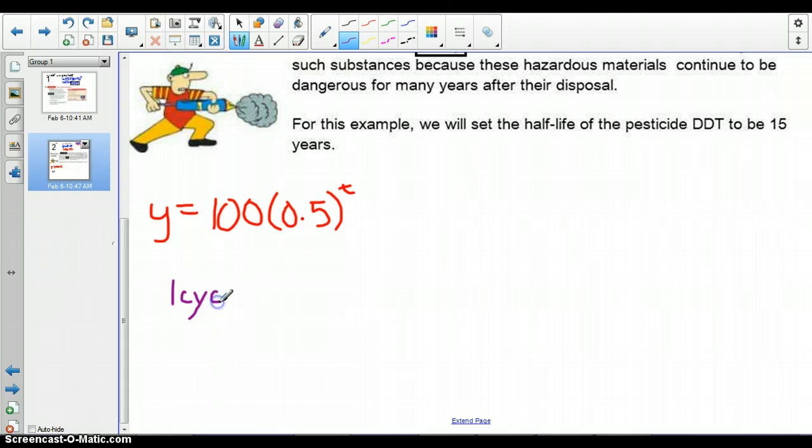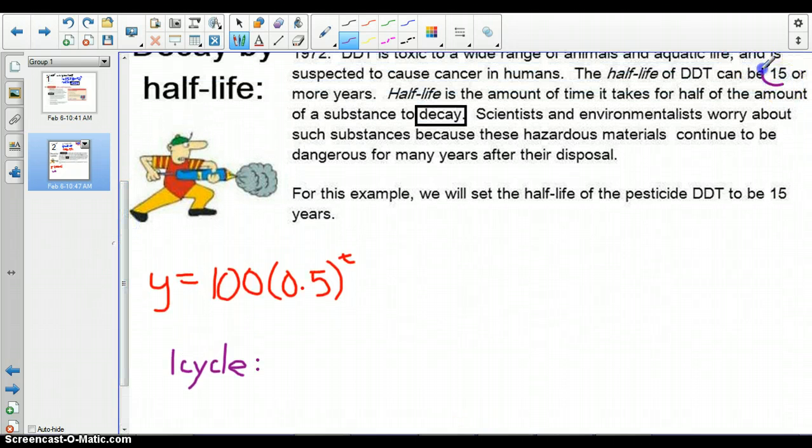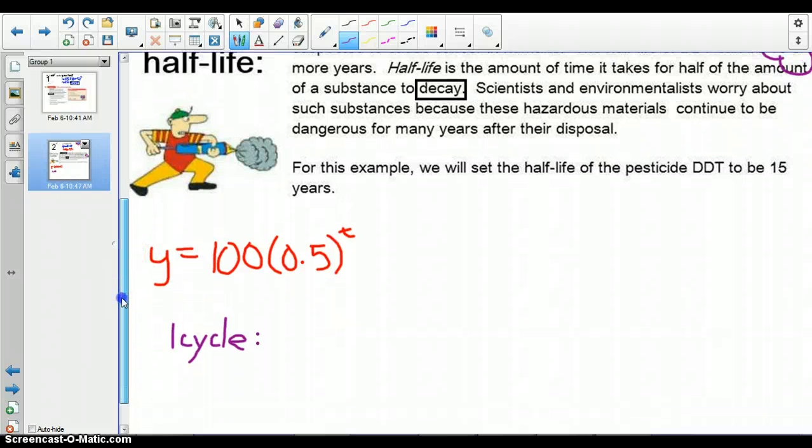I'm not saying after 1 year, I'm saying after one cycle. Every cycle takes 15 years, but that's not what we plug in here. We're not going to plug in 15 every single time. This t doesn't always represent singular years. It can also represent cycles, and every cycle represents, in this case, 15 years.